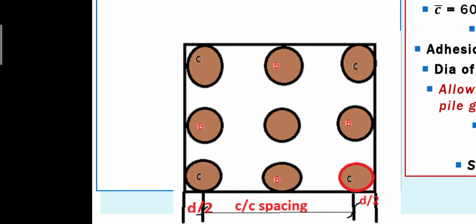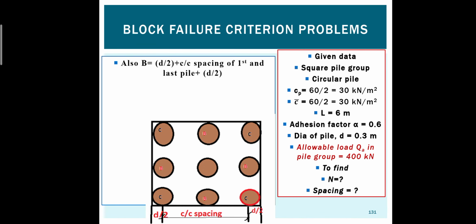So that gives the center to center spacing of the first and the last pile, plus d by 2 on each side. We know that b is 1.28, just now found, and the diameter of the pile is 0.3 meter, given in the question.